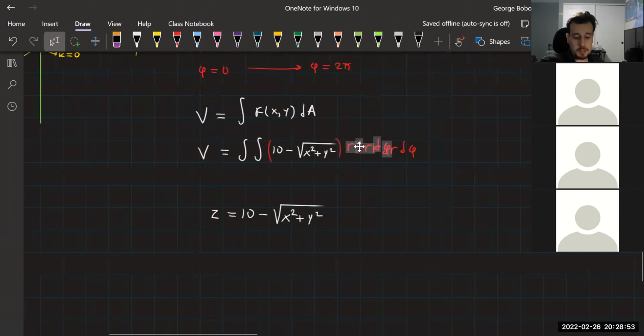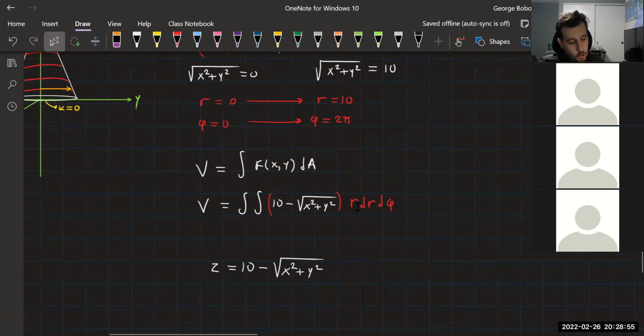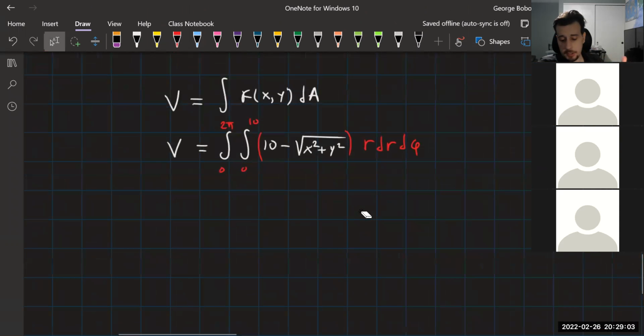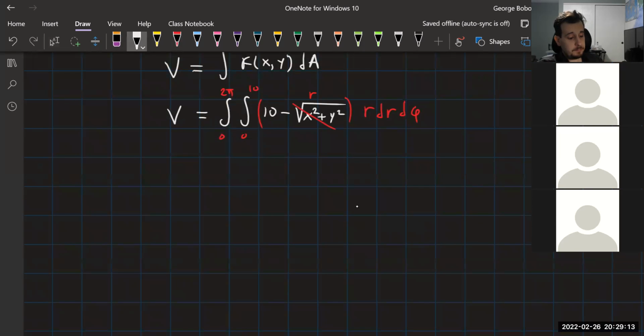The bounds, once again, for the r integral go from 0 to 10, and for the phi integral go from 0 to 2 pi. So how do I get rid of the Cartesian nature of this function? Well, we said this is just r. Substitute. You see? So the volume here is the integral of 10 minus r, r dr d phi.